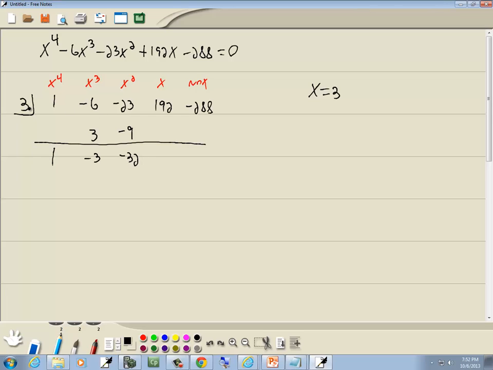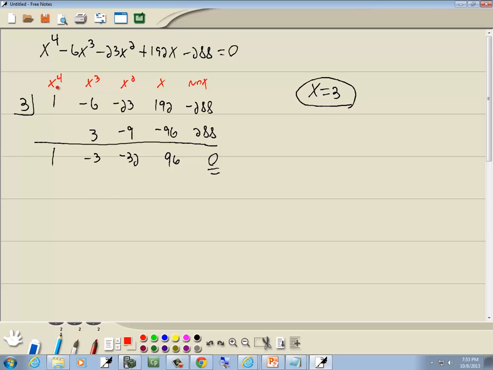Then multiply, 3 times -32 is -96. Add, that gives us 96. Multiply, and that gives us 288. And then add, -288 plus 288 is 0. We get a remainder of 0, which means that x equals 3 is our first answer.